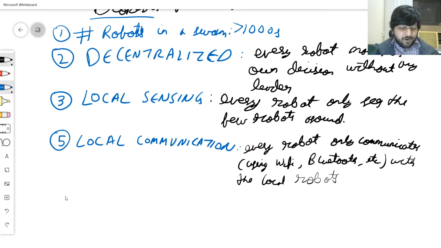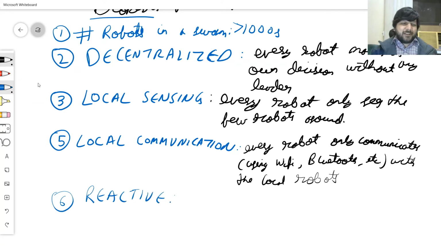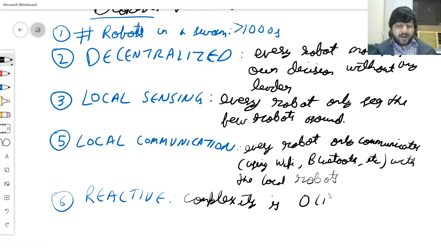So let's go on to why we applied all these constraints. Because my algorithms are going to be reactive in nature. Now, the reactive algorithms are the ones where the complexity is order 1.